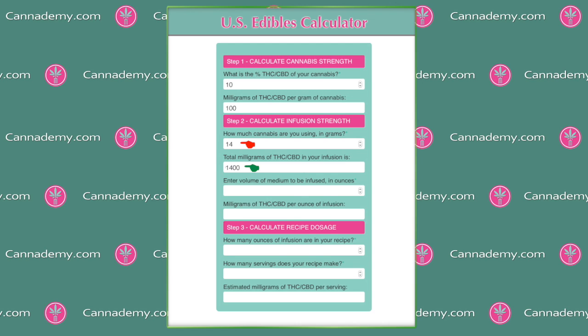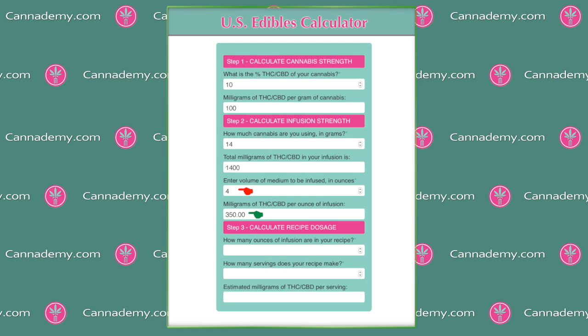However, most of the time, you're going to make something with some or all of the infusion. So, for the next calculation, enter the amount of oil or butter or whatever you're infusing to get a calculation of how much THC or CBD is in an ounce of your infusion. Let's say for our example that you're going to infuse a half a cup or 4 ounces of oil.